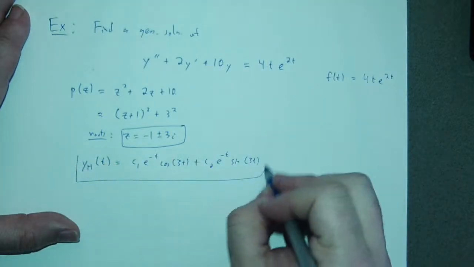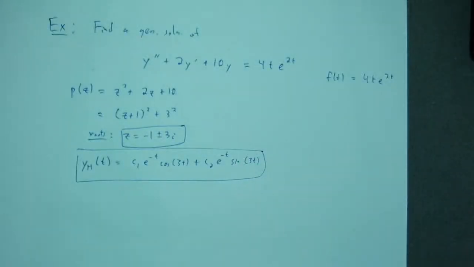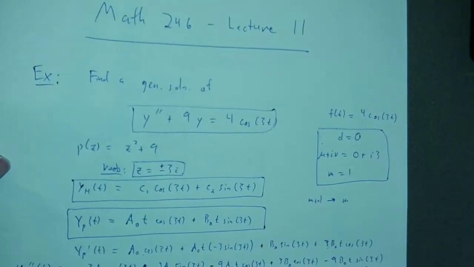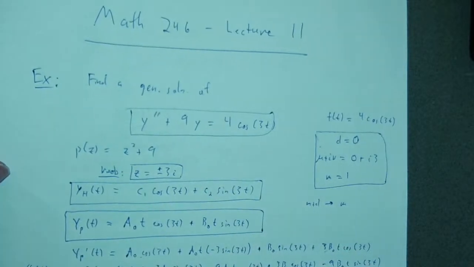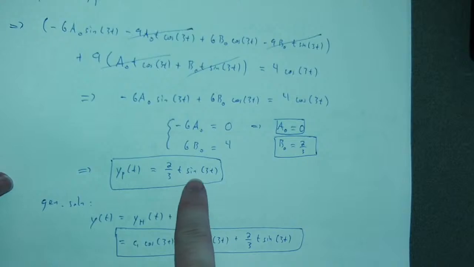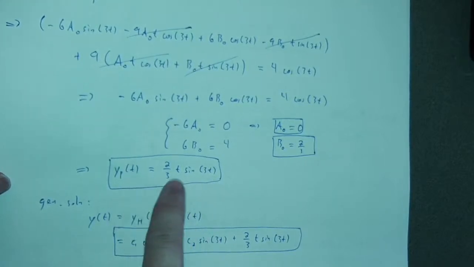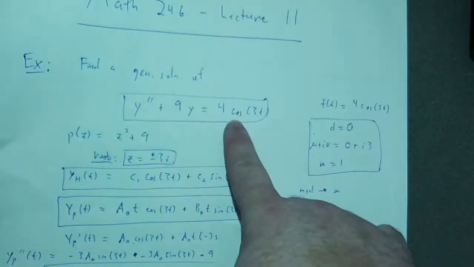I wanted to draw your attention to something in the previous example real quick. In the previous example, on the right-hand side we have 4 cosine of 3t, but the particular solution we end up with doesn't even involve a cosine. It involves a sine, and it involves a t, whereas the right-hand side doesn't.